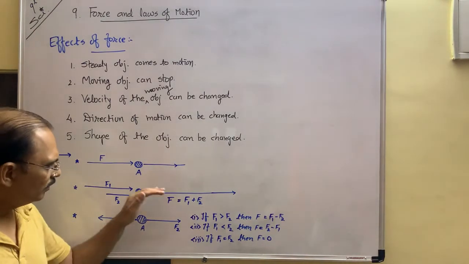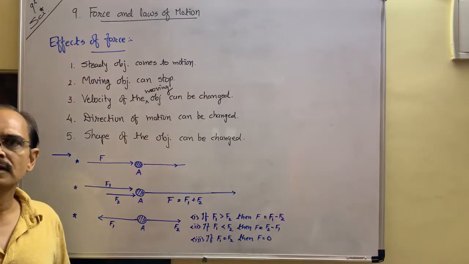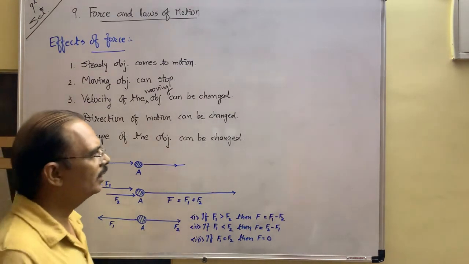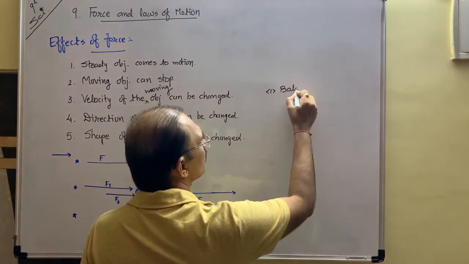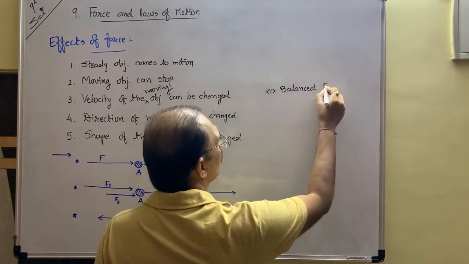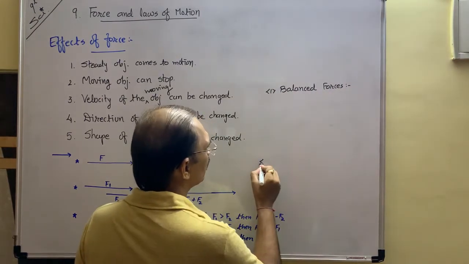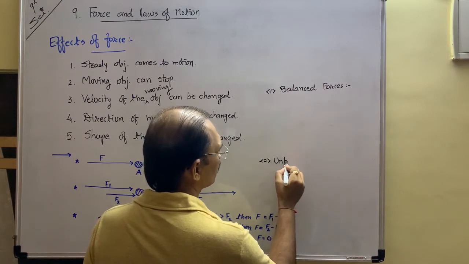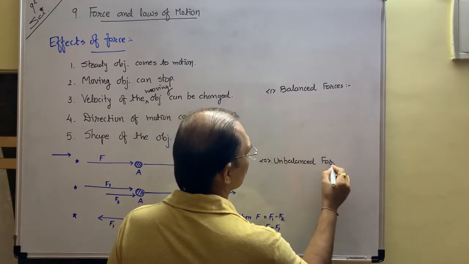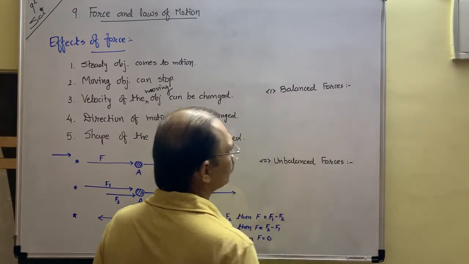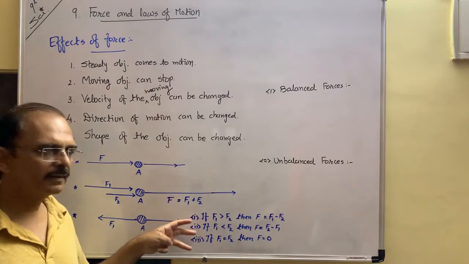Now, from this explanation, we derive 2 different definitions. The first definition is about balanced forces, and the second is unbalanced forces. See, here in this tug of war game, 3 chances are there.